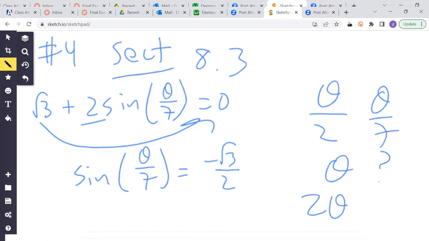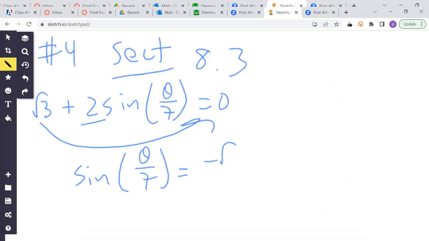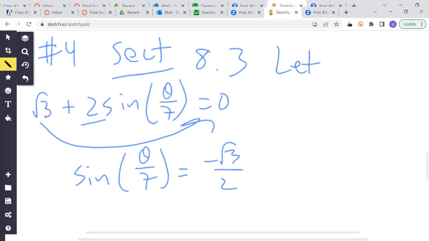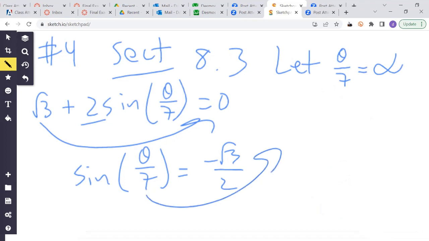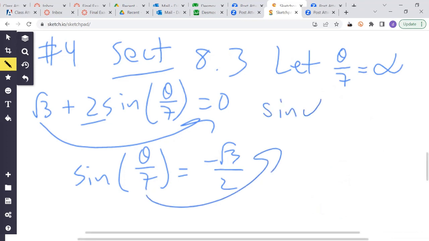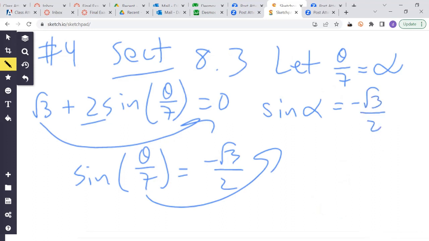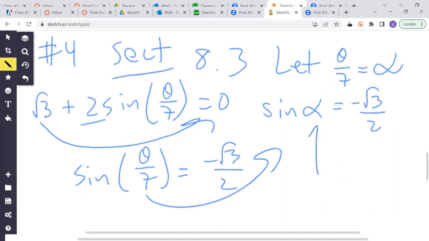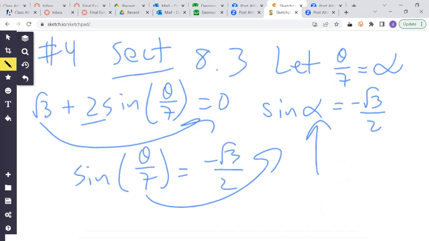So why don't we do this? Just for the sake of making it look more familiar, why don't we let theta over 7 equal, let's say, some angle alpha? So let's rewrite this. So this is like sine of alpha equals negative square root 3 over 2. So right away, this looks a little bit nicer. I want you to tell me what alpha is.